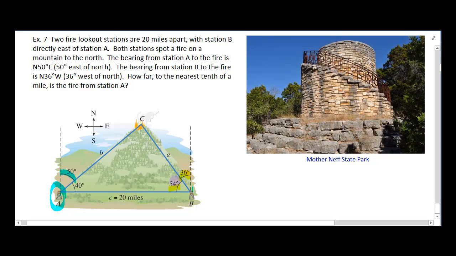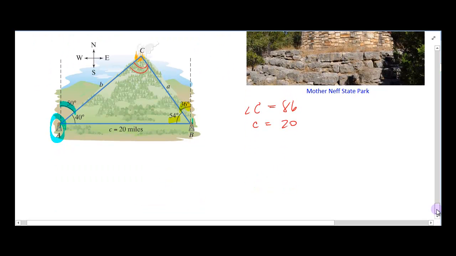I know angle B and angle A, and I need to find angle C. Angle C would be 180 minus 54 minus 40, giving me 86 degrees. I know what side C is, and I can use that ratio to find this missing information.